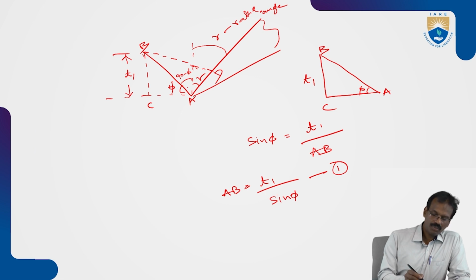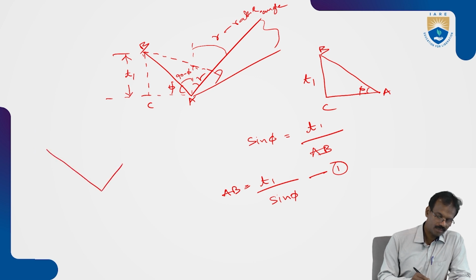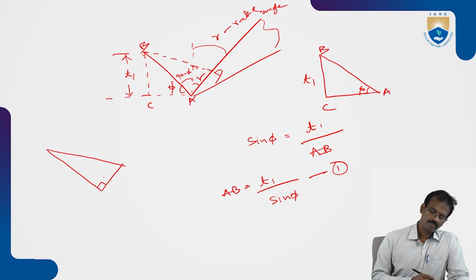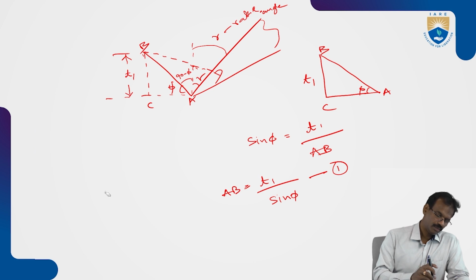Then if you consider this triangle, this is the AB. This is the 90 degrees.